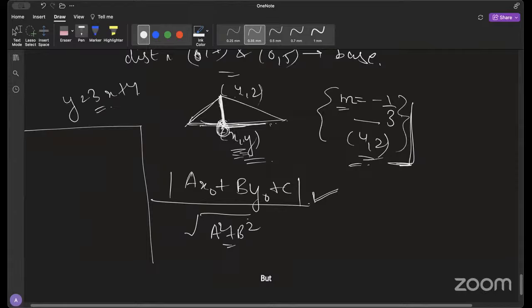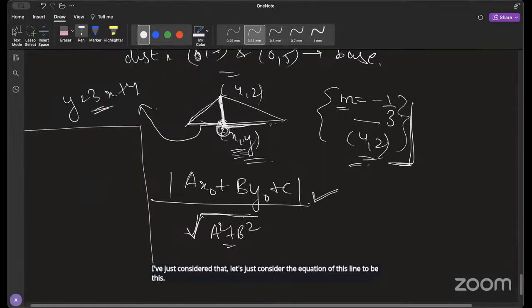The slope of this line is 3, no? y equals 3x plus 4, so the slope is 3 already. Yeah, we considered this a random line. It's not the equation of any of the lines here. I was just trying to explain how you can find the equation of this line. That's all. Ma'am, I took a random line here. That's it.